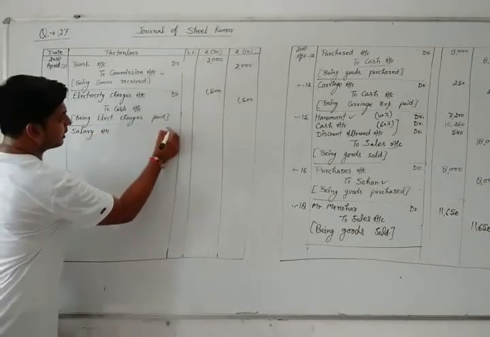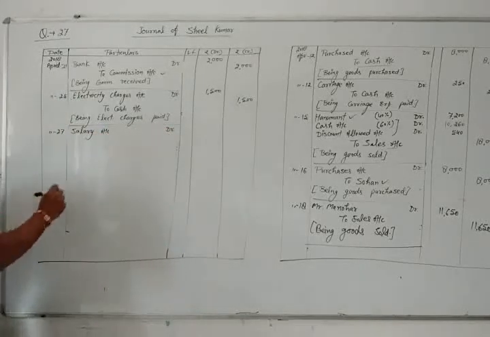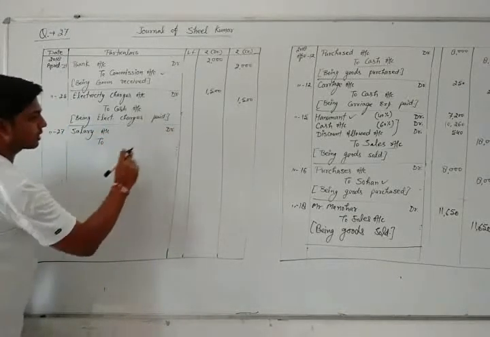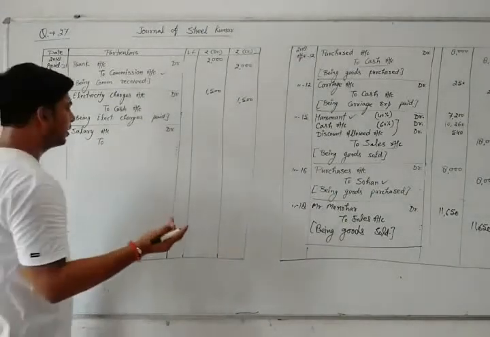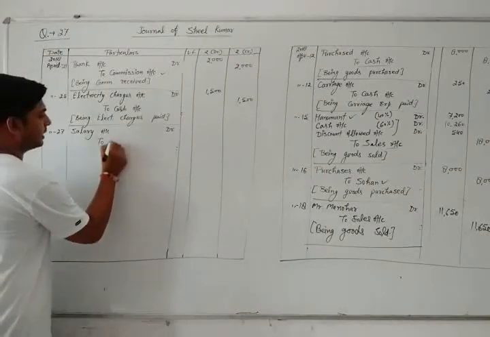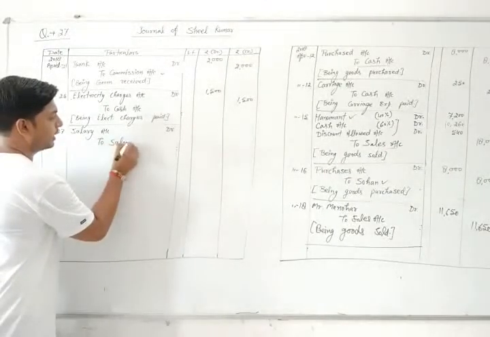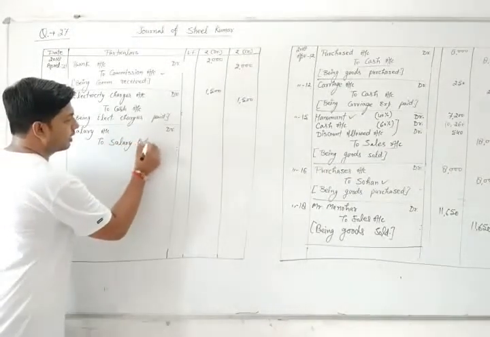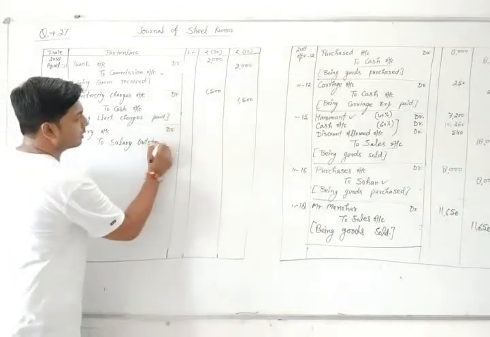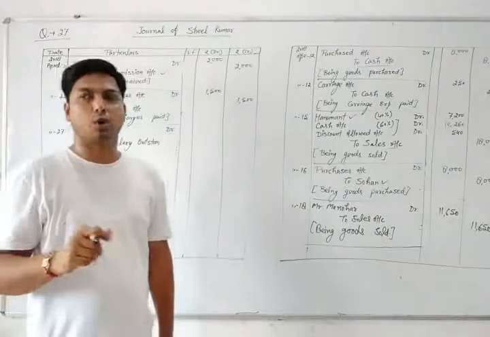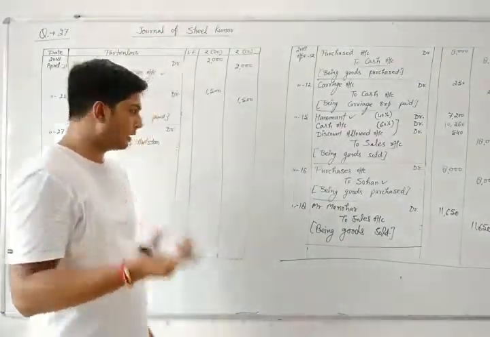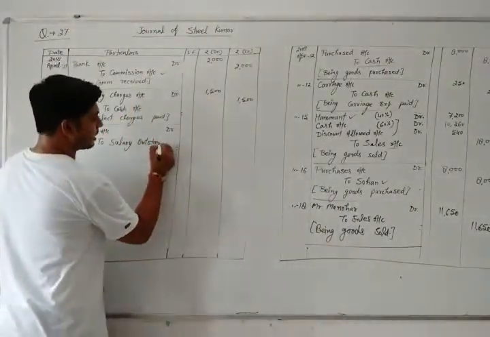So we are doing salary account debit. Here we are not writing cash account because salary is not paid. It is due, which means it will be paid in future. So it is a liability, named salary outstanding. Outstanding expenses are those which are finalized but still not paid, meaning these are liabilities for the future. So salary is outstanding.